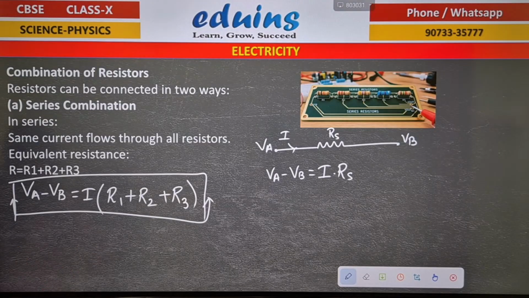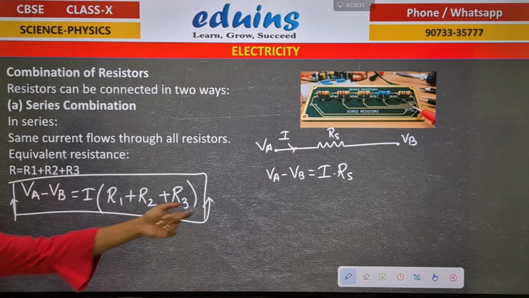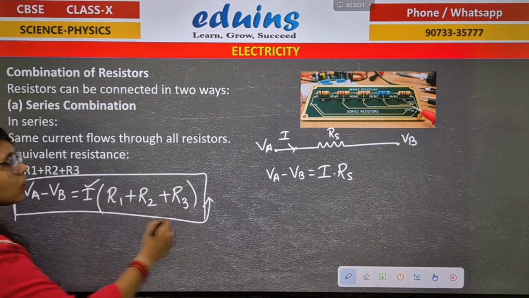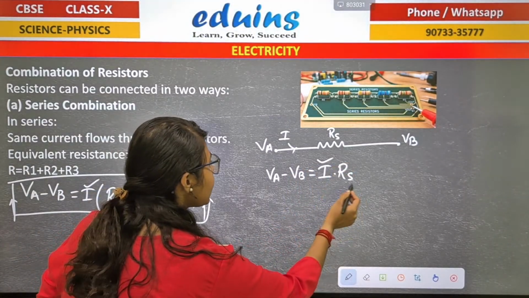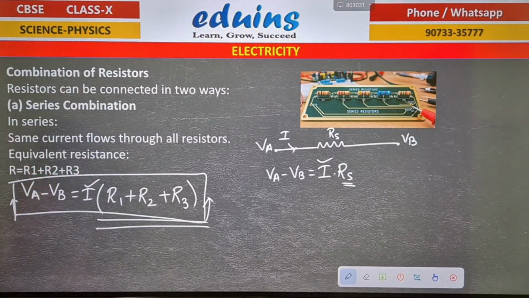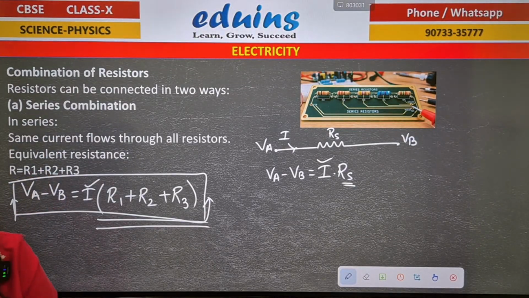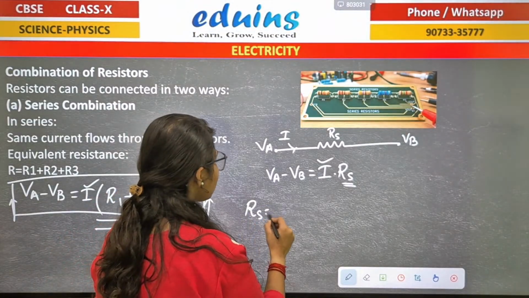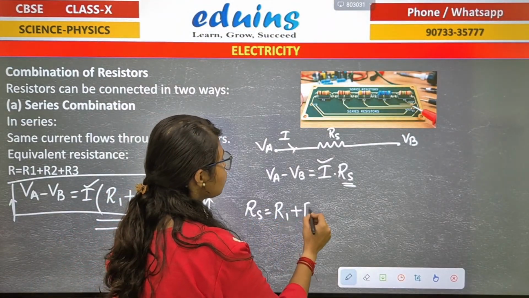We have to compare it. From comparing, we get VA minus VB on both sides, both are equal, and I is also equal. Then RS must be equal to this portion of the equation, R1 plus R2 plus R3. So by comparing, we get RS is equal to R1 plus R2 plus R3.